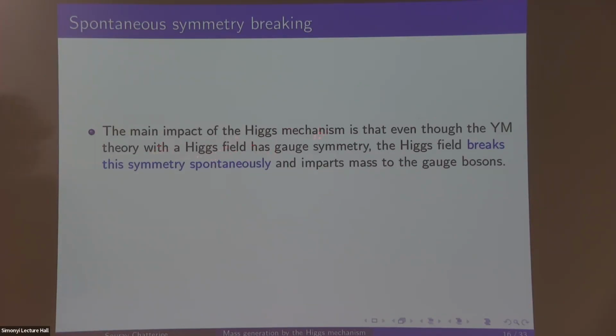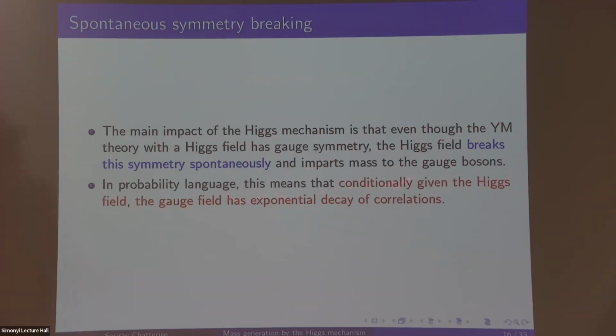The main impact of the Higgs mechanism is that even though this theory has gauge symmetry, the Higgs field breaks the symmetry spontaneously and imparts mass to the gauge bosons. What does this mean in probability language? It means that, conditionally given the Higgs field, the gauge field will have exponential decay of correlations. Often the Higgs field also has mass, and from that it follows that this holds unconditionally also.